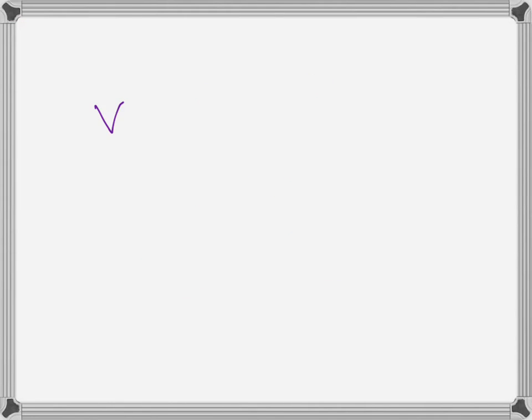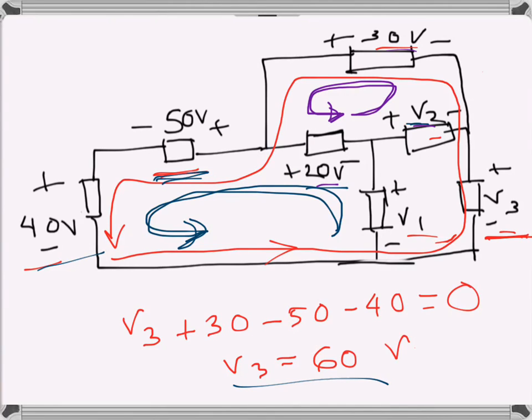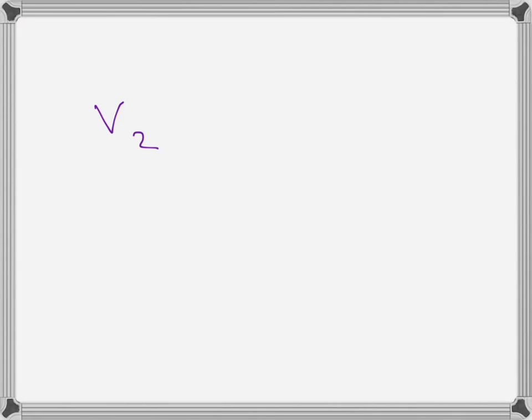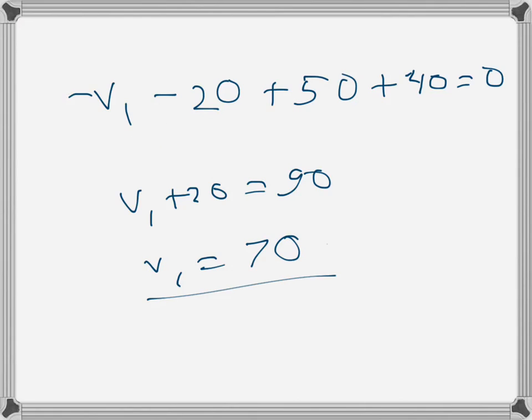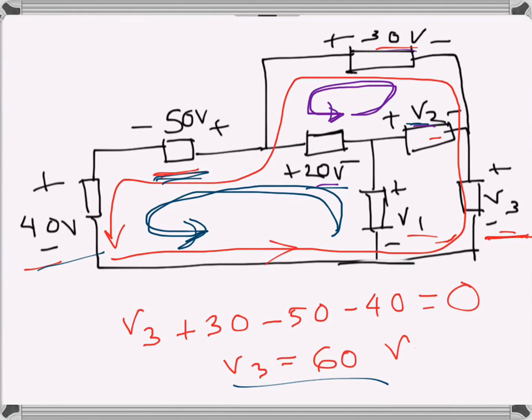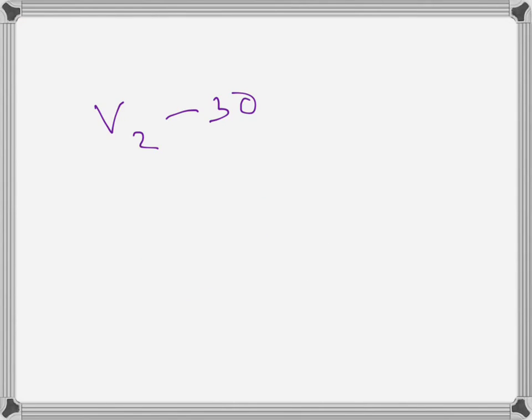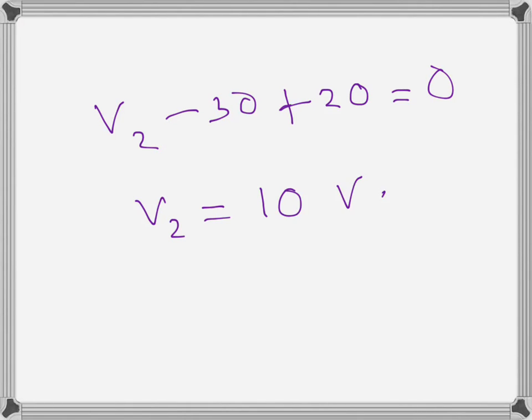So V2, then we have 30 volts, which is a rise, so minus 30. And then finally we have 20 volts, which is a drop, so plus 20. That's 0 here. So V2 becomes 10 volts.